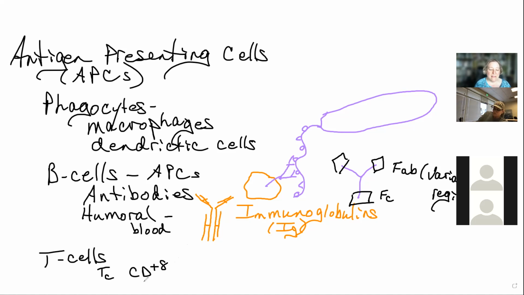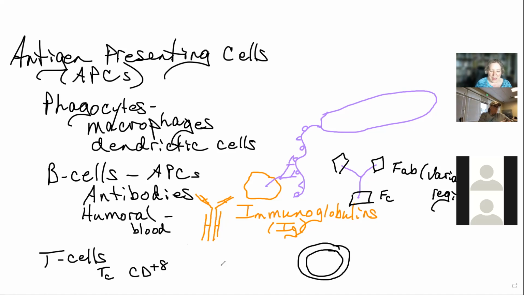We abbreviate that CD, and this is the 8th one that was found. Because when we look at lymphocytes, B cells and T cells, under the microscope, they all look the same. They all stain the same, unless you use, paradoxically, an antibody stain that will recognize one or the other of these markers.